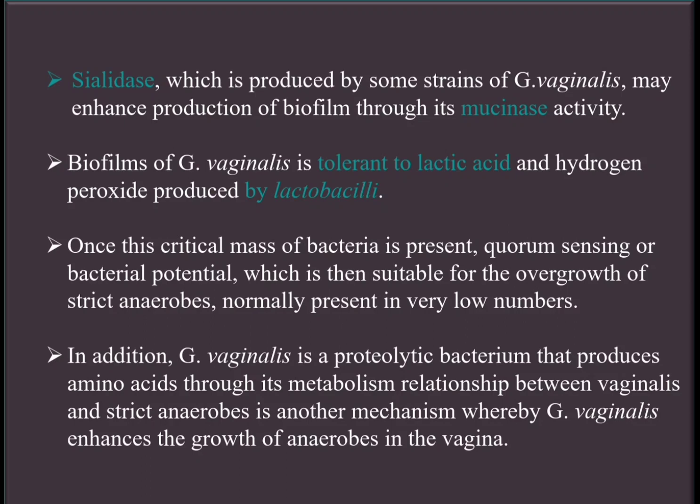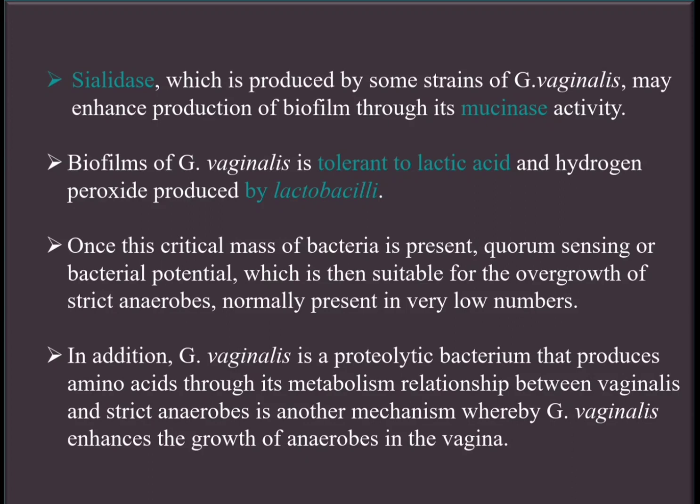Once this critical mass of bacteria is present, quorum sensing creates a potential which is then suitable for the overgrowth of strict anaerobes, normally present in very low numbers. In addition, G. vaginalis is a proteolytic bacterium that produces amino acids through its metabolism.